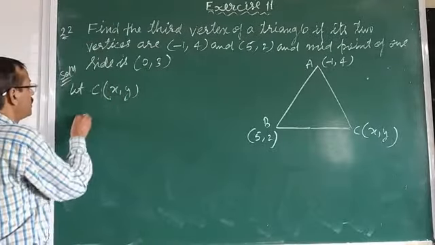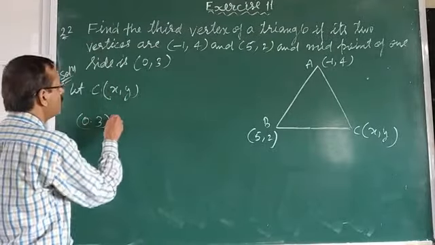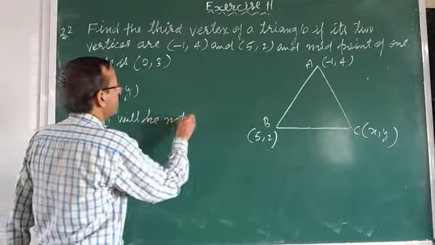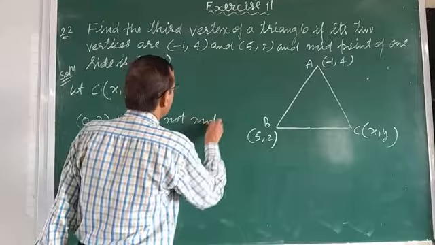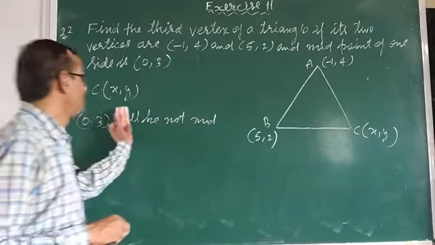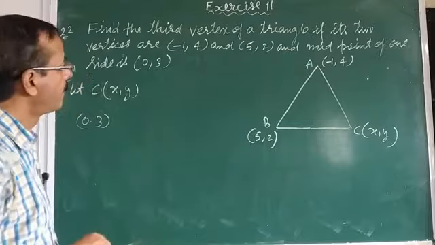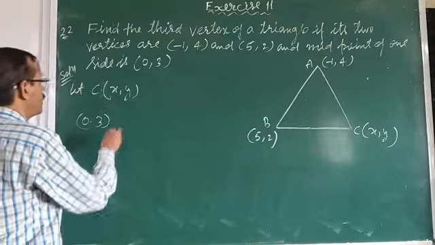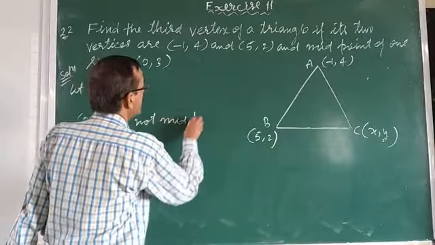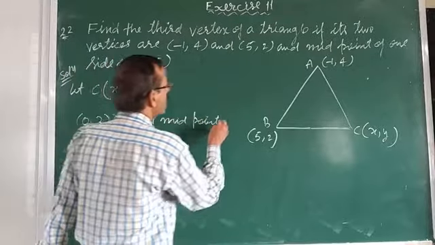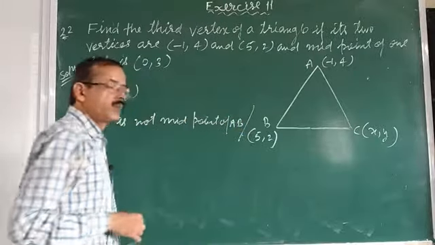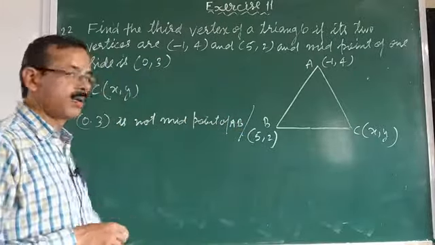Right? So here we can write that 0, 3 is not midpoint of AB. AB का नहीं होगा.